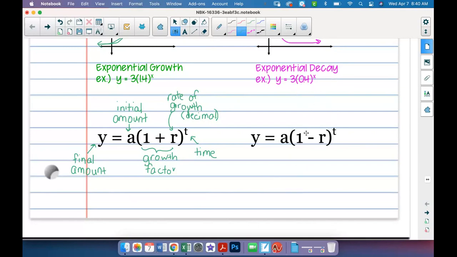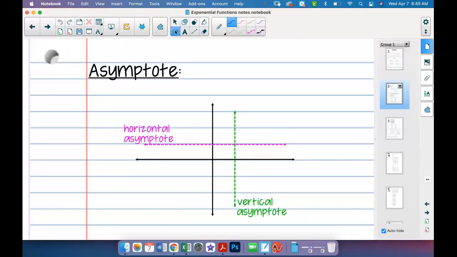So your exponential decay, all of this is going to be the exact same thing except with the word decay. Now, an asymptote.